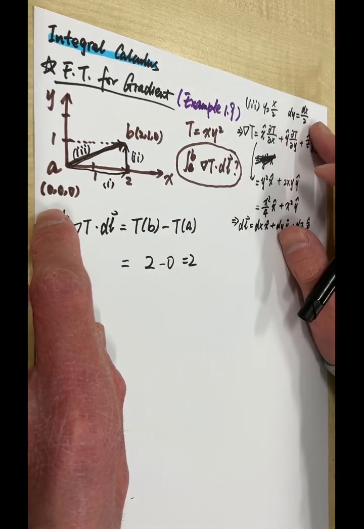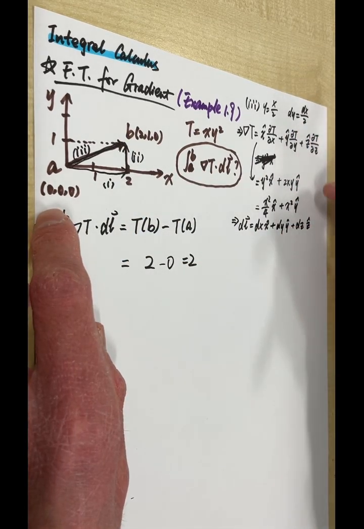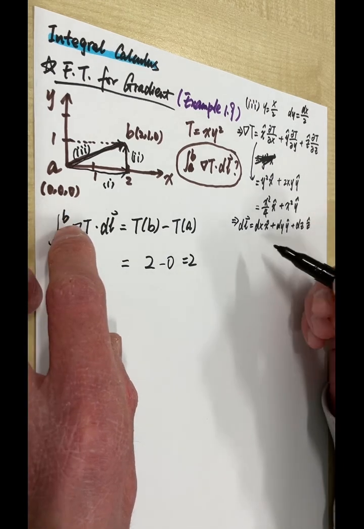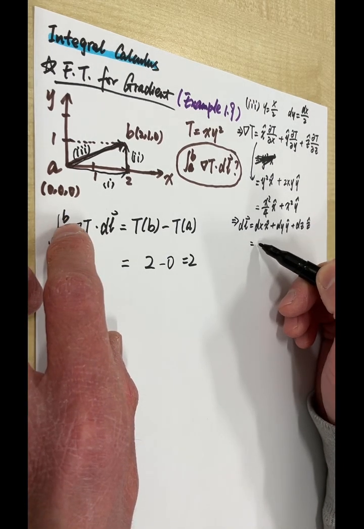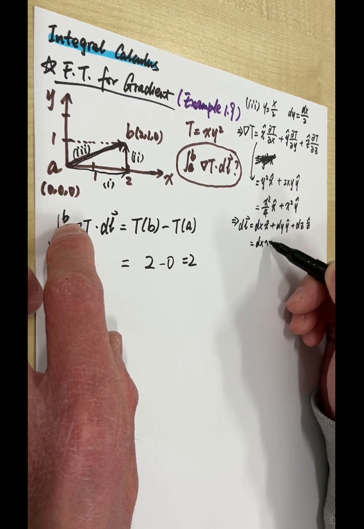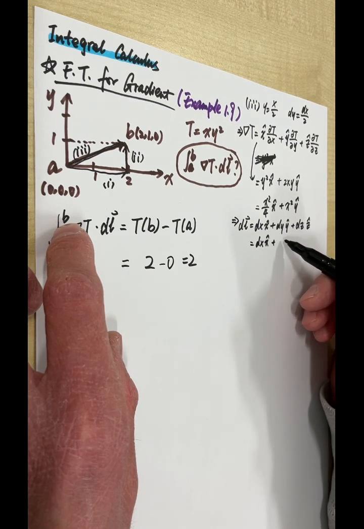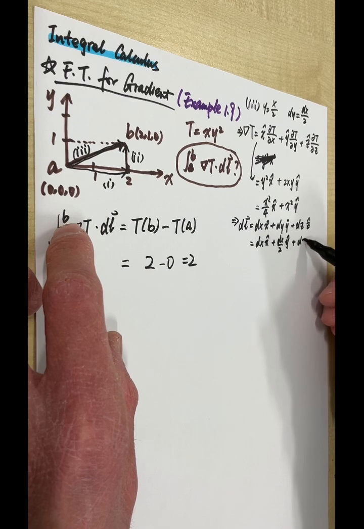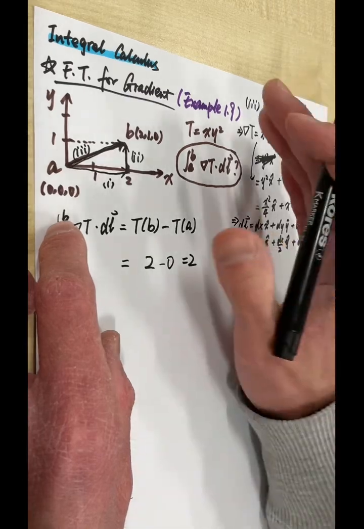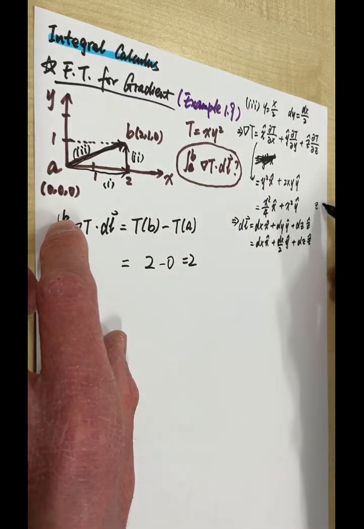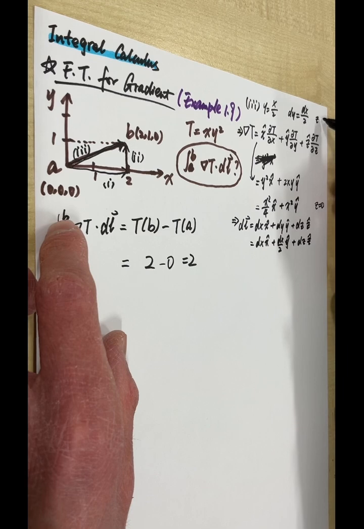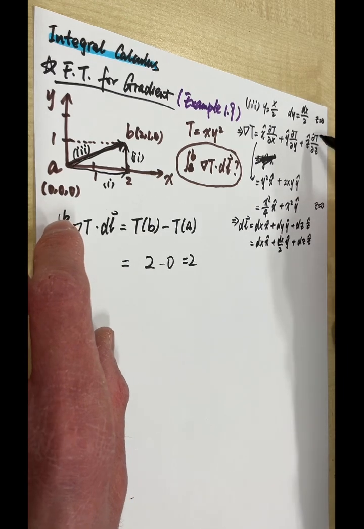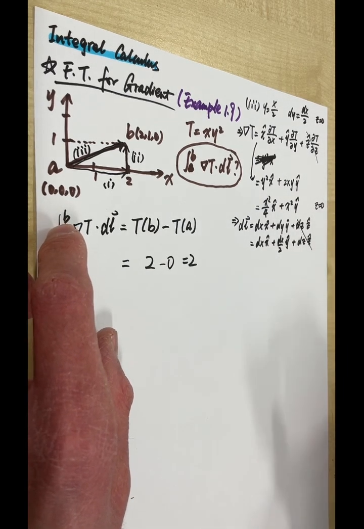So dy equals dx divided by 2. So if we put this into the infinitesimal vector, we have dx in the x direction, half of dx in the y direction, and dz. Actually, for the whole path, z equals 0. So here dz is 0, and here will be 0 as well.